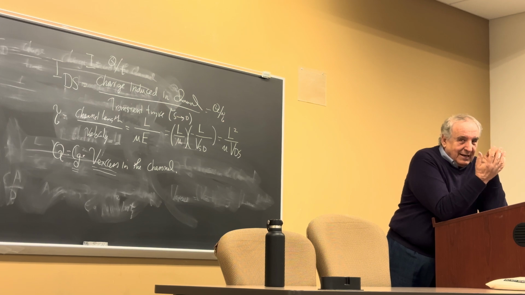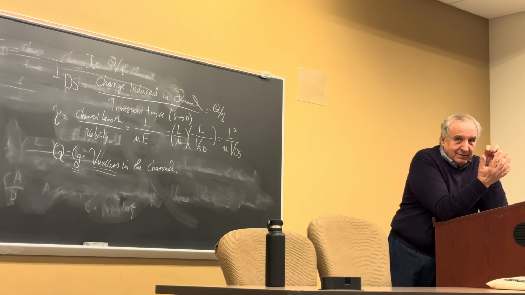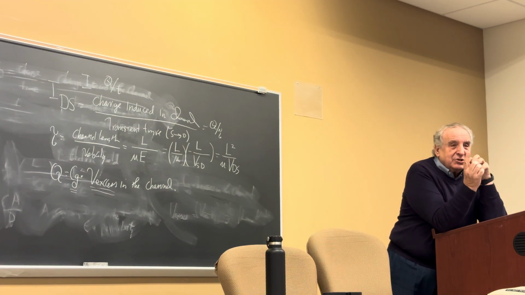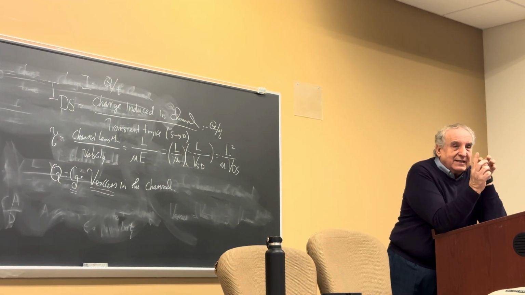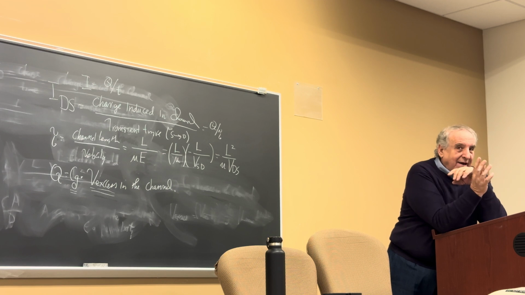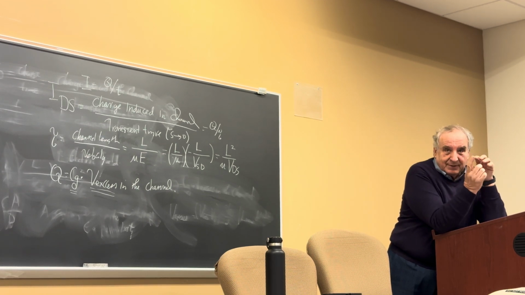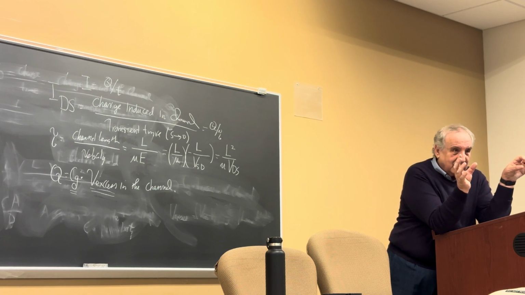Then we come in and apply VDS across it. Suppose there's a linear distribution of that VDS across the channel. So the average voltage in the channel is VDS over 2. One end is 0, the other is VDS.